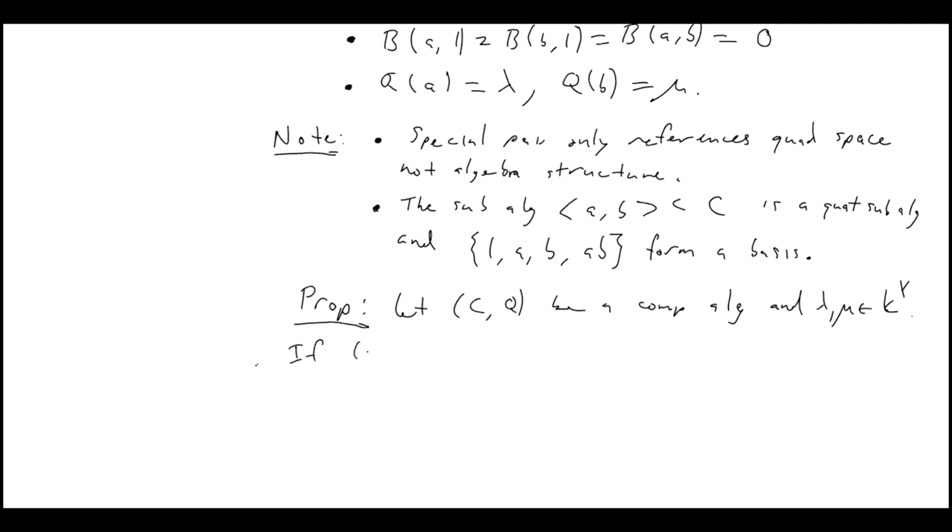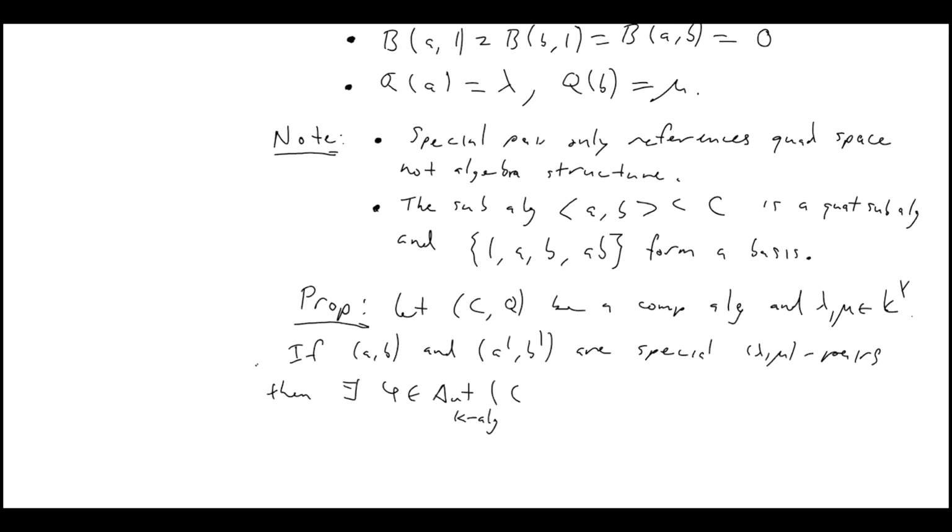If A, B and A prime, B prime are special lambda, mu pairs, then there exists some phi, an automorphism of C, such that phi of A is A prime and phi of B is B prime.